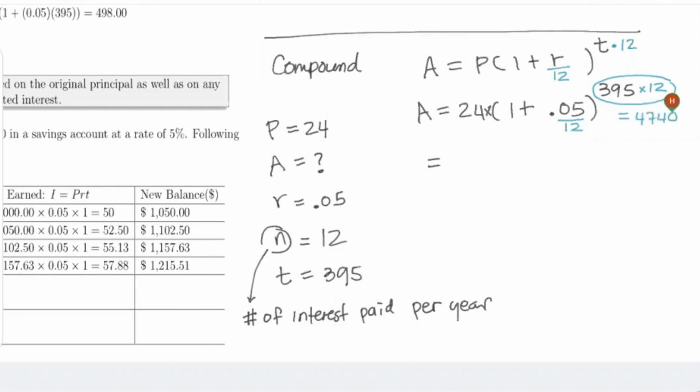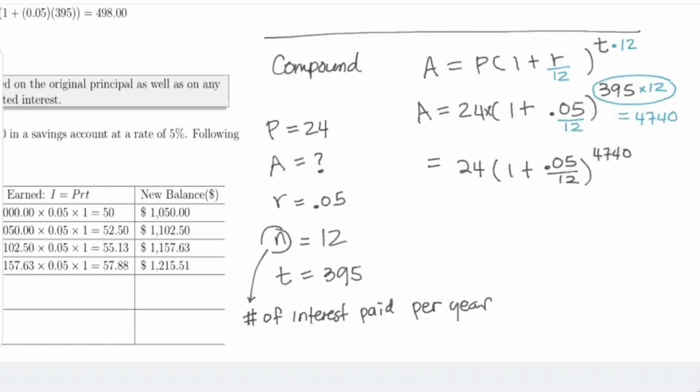Agree? So let's rewrite the formula: 24 times (1 plus 0.05 over 12) to the power 4740.